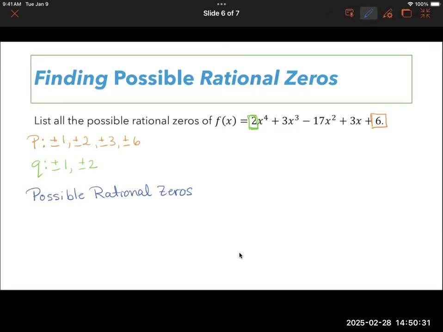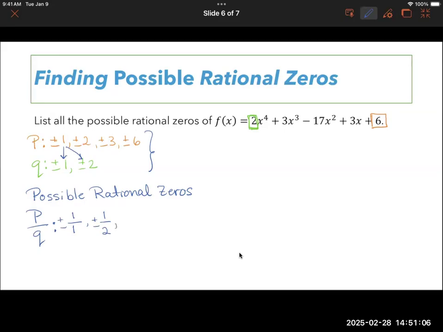So the possible rational zeros are going to be every combination of p over q that I can get from these two sets of factors. So I can take the 1 over the 1. I can take the 1 over the 2. And again, remember, we've got pluses and minuses, so it's going to be plus or minus each of these combinations.